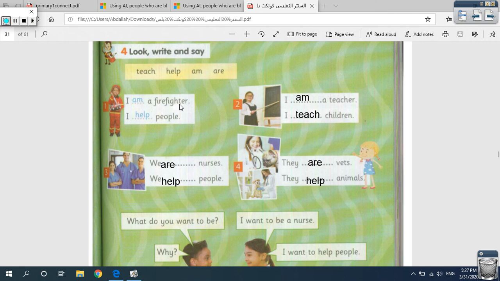Okay, Junior 1. Here in this exercise, we read number 1. Here number 2. I am a teacher. What does the teacher do? Teaches children. I teach children. We are nurses. We help people.